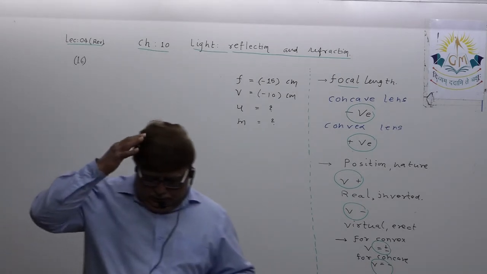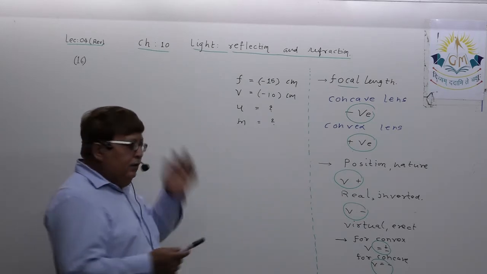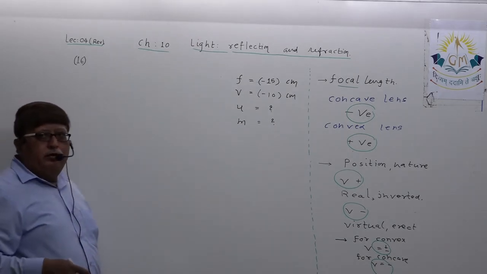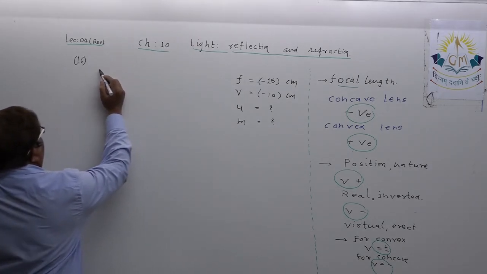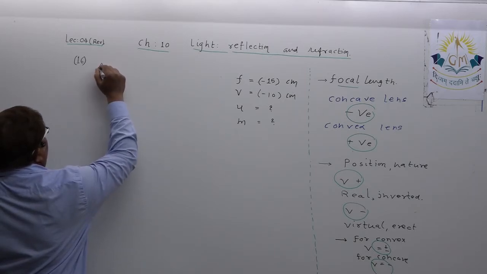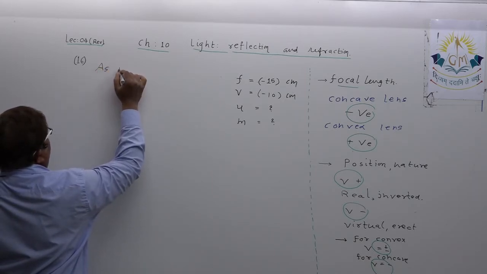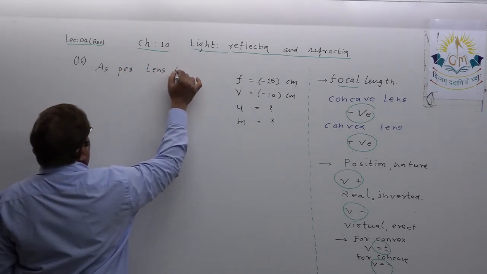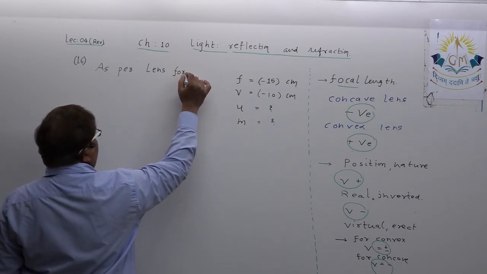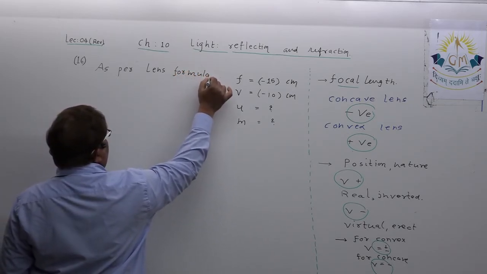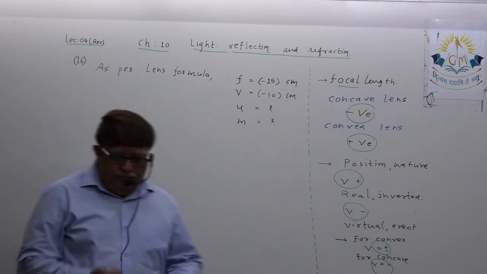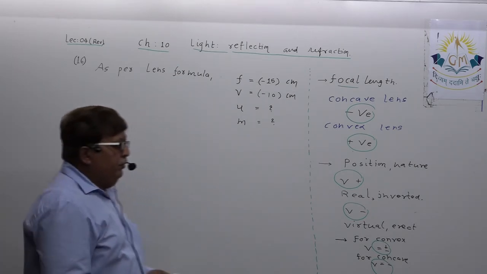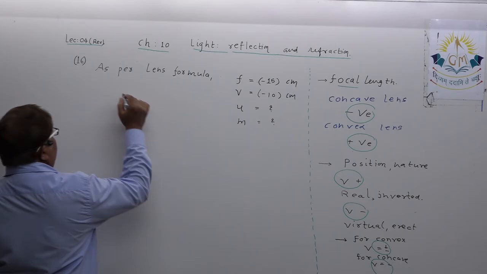Now, as you all know, what I told you, that whenever you start any example, you need to mention, because it is lens, you need to mention as per lens formula. Okay, you must be remembering the lens formula, dear student, as you all know. Okay, let us substitute the formula.